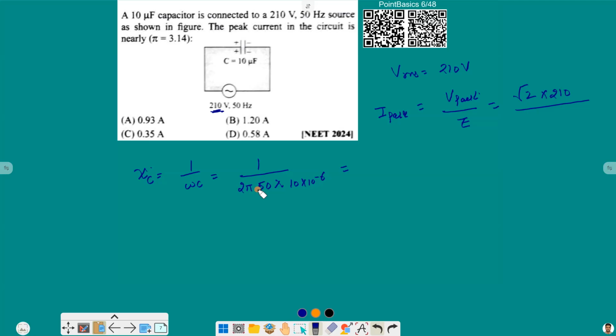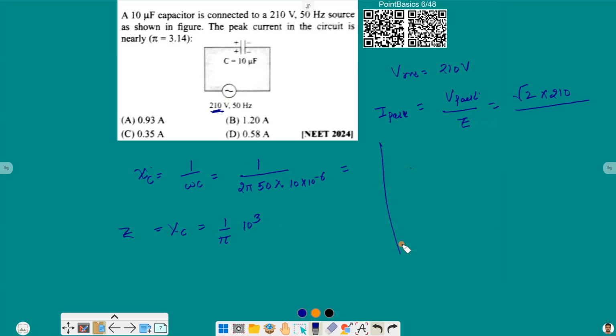So it will be 1 by pi into 50 into 200,000. So this will be 10 raised to power 3 by pi. This is the value of the impedance offered by the capacitor.